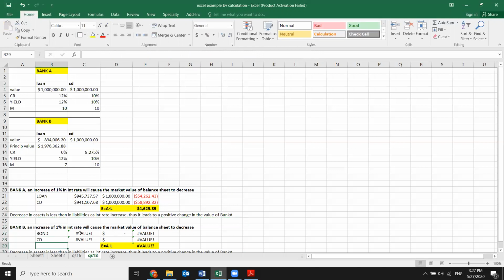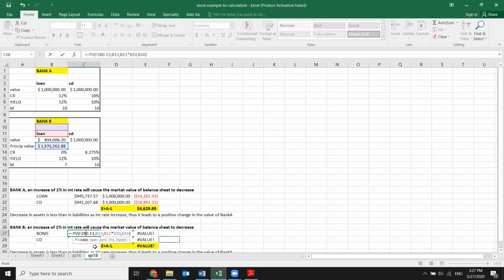Now, let's see what happens in bank B. If we calculate the present value, PV is equal to, the rate in bank B as provided loan is 12% and it becomes 13%, a 1% increase. The number of periods in bank B is 7.